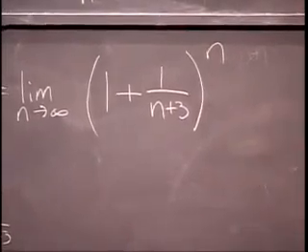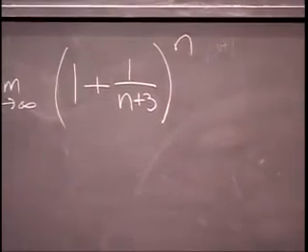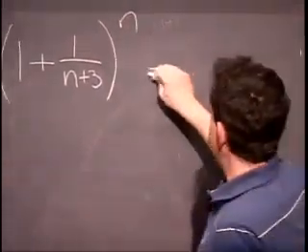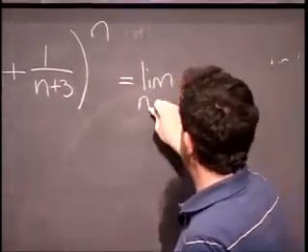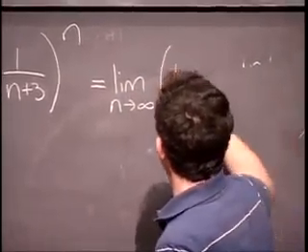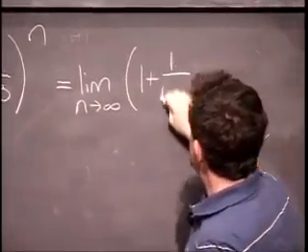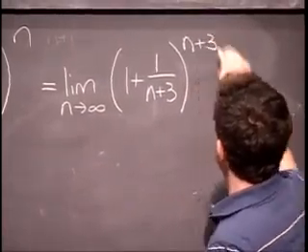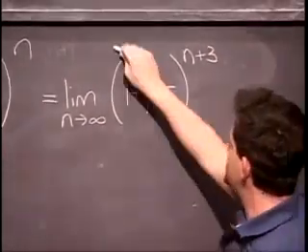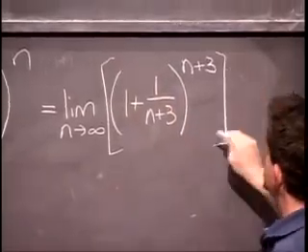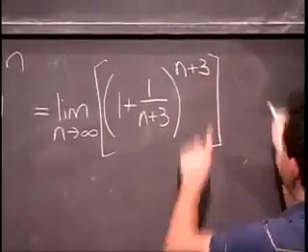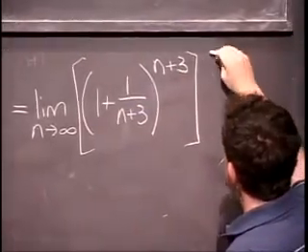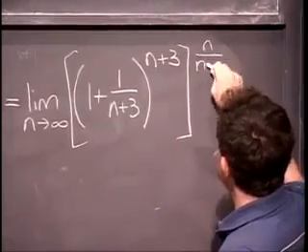Now it's starting to look quite e-like. In fact, if I do something really silly, or clever, depending on your point of view, and write this as 1 over 1 plus n plus 3 to the power n plus 3, unfortunately, that's not quite true. I need to correct this into an n. So I'll do this by taking the power n over n plus 3.